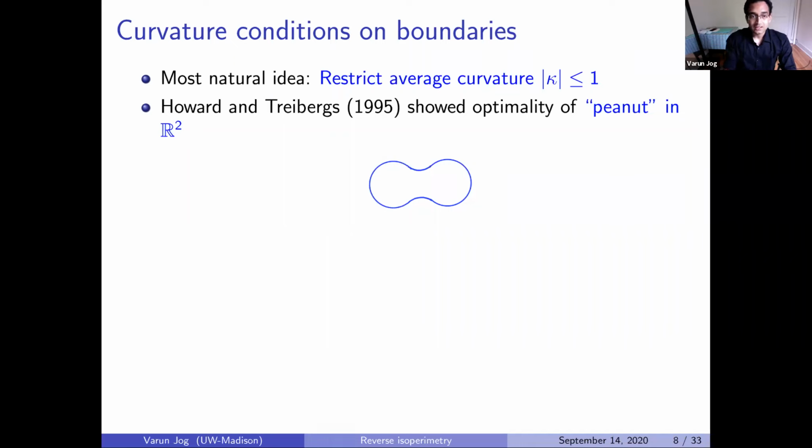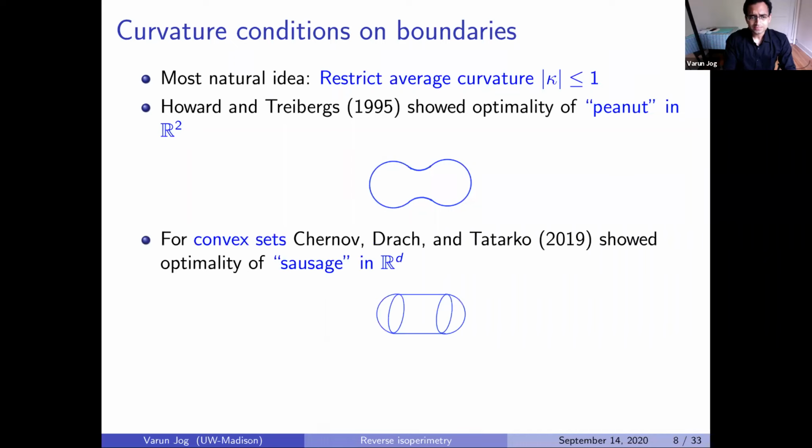And in arbitrary dimensions for convex sets, under a slightly different notion of curvature, not the average curvature, a recent result by Chernov, Drach, and Tatarko showed that there is an optimal sausage body. The sausage body is essentially the Minkowski sum of a Euclidean ball with a line segment. This body turns out to be optimal in that it has the maximum surface area for a fixed volume.